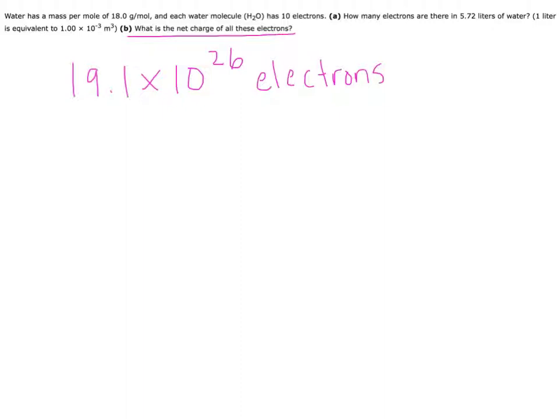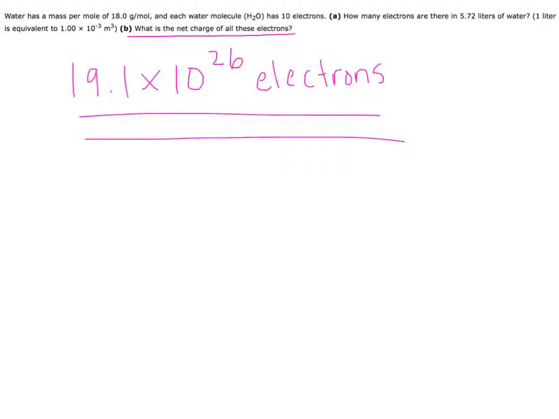So now you have to find the net charge of all of these electrons, which basically means that you're going to convert this amount of electrons to coulombs.